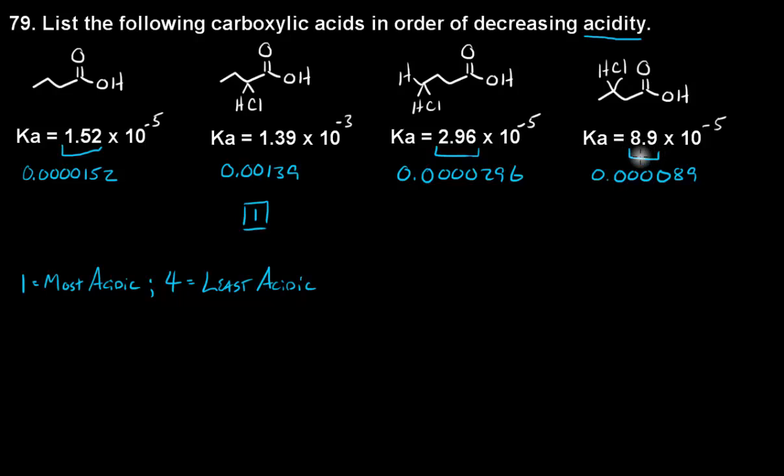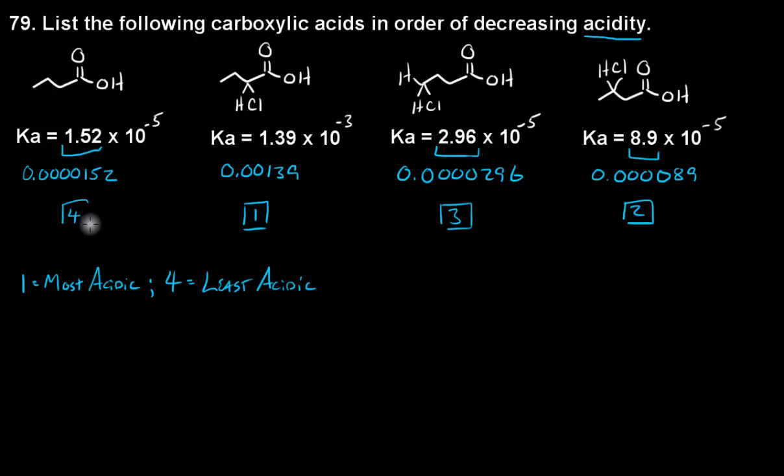Again, the bigger the number, the more acidic. The biggest number here is this 8.9, so this one is next in line for being the most acidic. Then we have 2.96, next in line, a little bit less acidic, but still more acidic than this last one, 1.52. That's the smallest number, and it's going to be the least acidic.